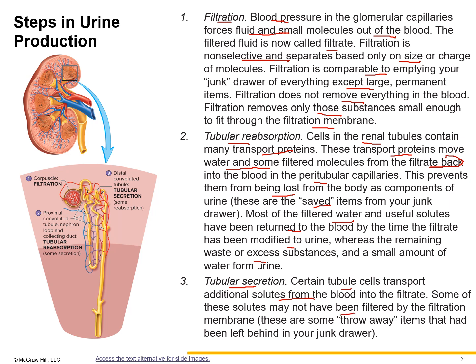Some of these may not have been filtered by that filtration membrane, so they move through those transport proteins and are secreted out. They weren't filtered to begin with, so of course they weren't reabsorbed, but they do get secreted before urine is released. Back to our junk drawer, this would be the throwaway items that made it through, but now we're getting rid of them to be removed in the urine.